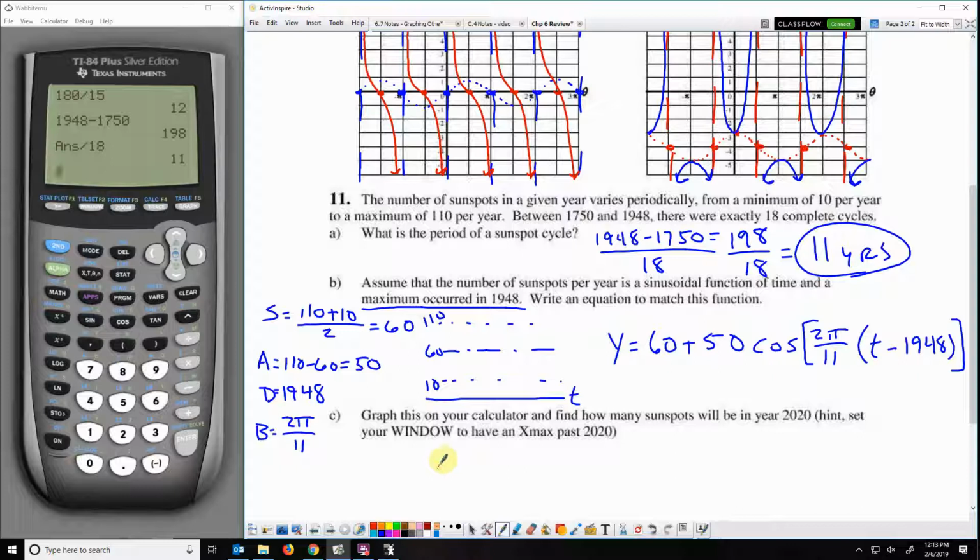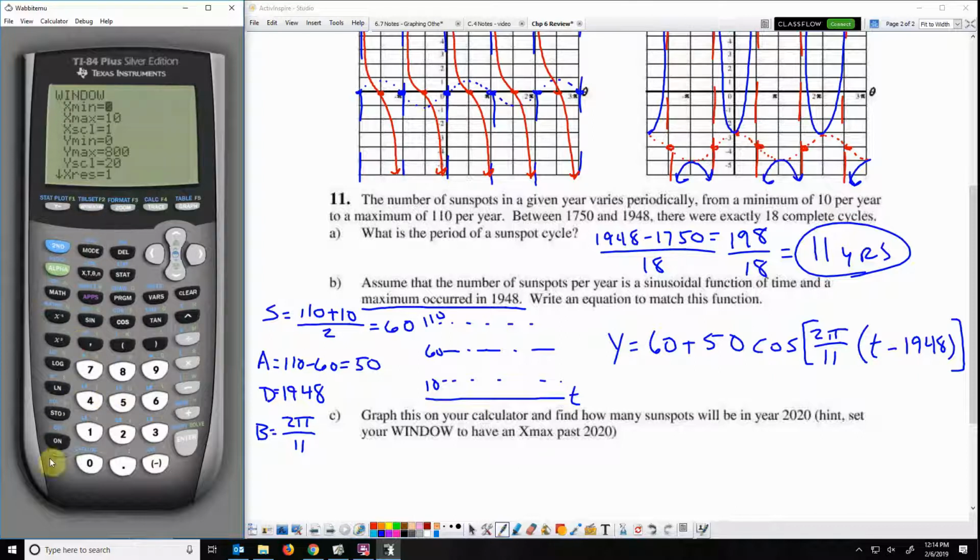Okay, graph this on your calculator and find how many sunspots there will be in the year 2020. So we're going to go to y equals and type in this equation, 60 plus 50 cosine 2 pi over 11, open new parentheses, x minus 1948, and close 2 sets of parentheses.